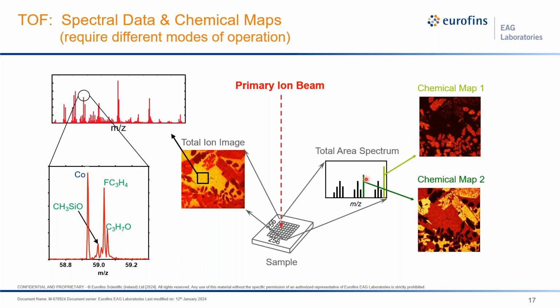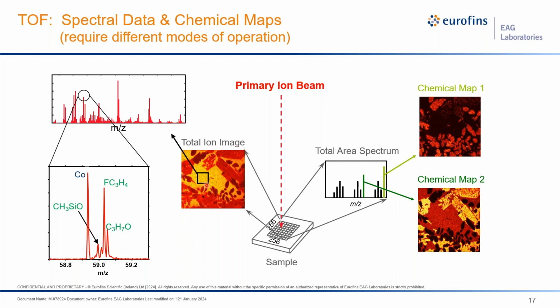And after the analysis is finished, we could select particular masses if needed and produce maps based on each individual mass fragment. These could be a map of elements or a map of molecular ions. We also get a total ion image for that area.